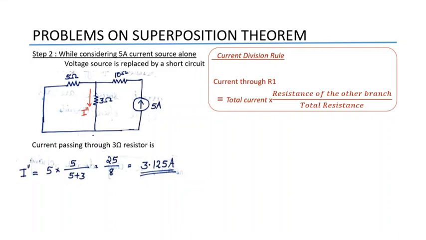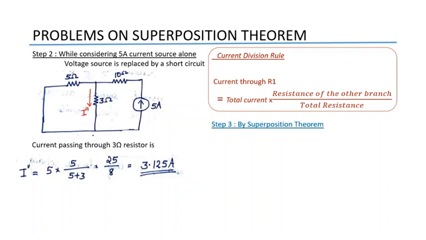So we can write I double dash as 5 into resistance of the other branch, divided by total resistance. Total resistance is 5 plus 3. So we will get I double dash as 25 divided by 8, that is equal to 3.125 amperes.